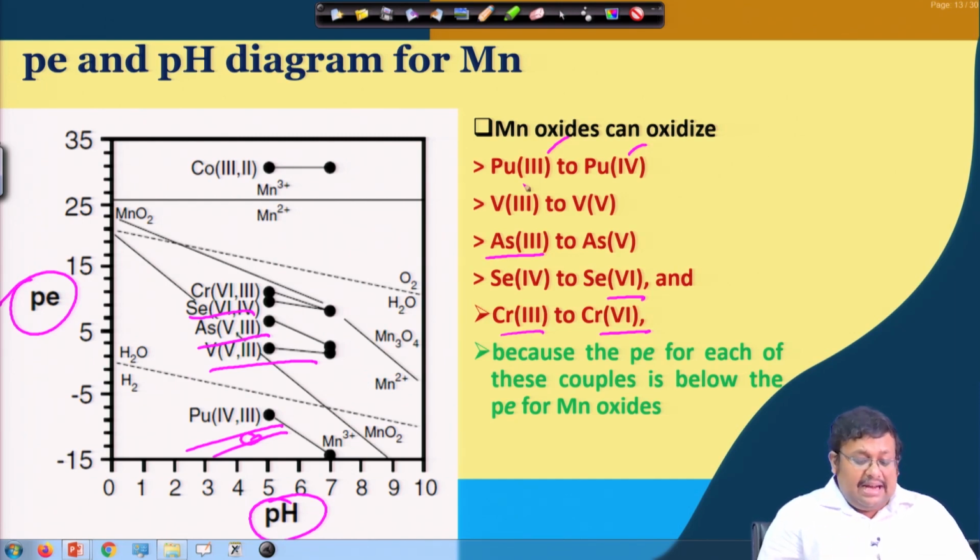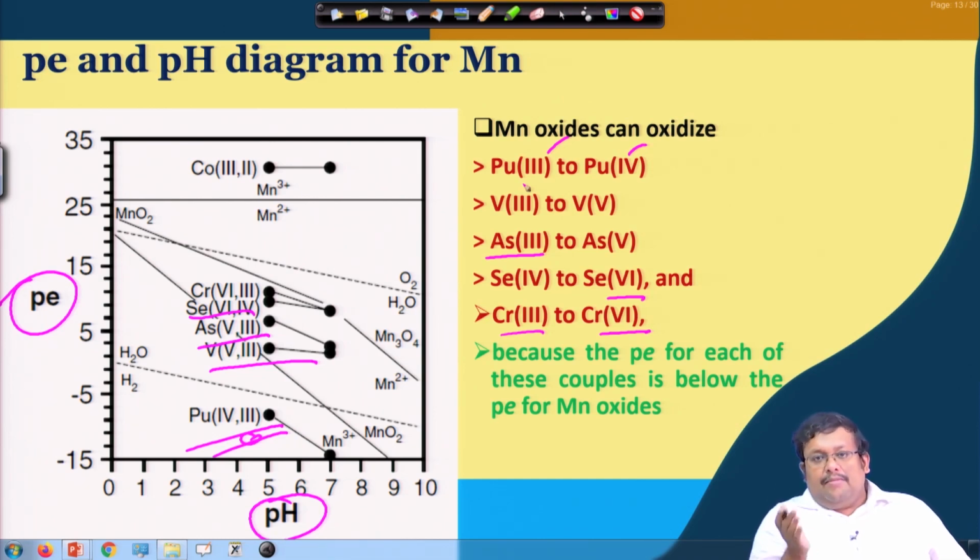Because of the different Pe versus pH relations, we can see that the conversion of different oxidized forms of plutonium, vanadium, arsenic, selenium, and chromium is mediated by manganese oxides. Now, the Pe for each of these couples is below the Pe of manganese oxide.